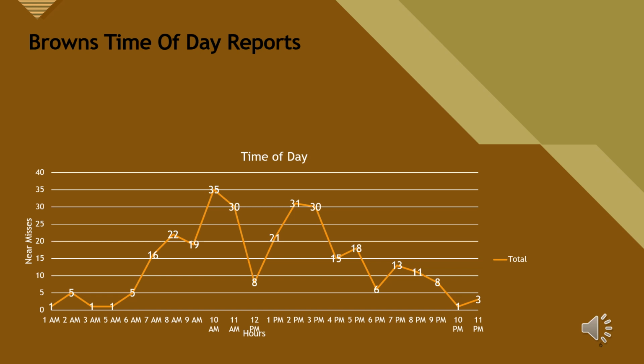The trend on this graph is that Brown's time of day really matters in a sense of how poorly or efficiently their employees are doing depending on the time of day. They seem to struggle as the day goes on.